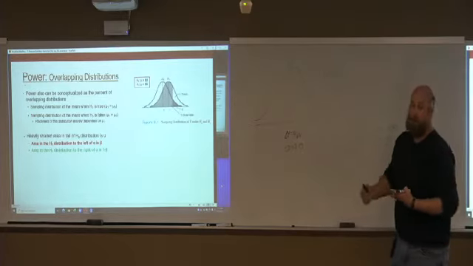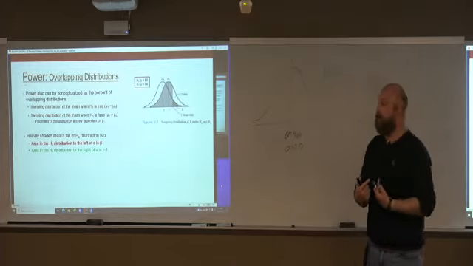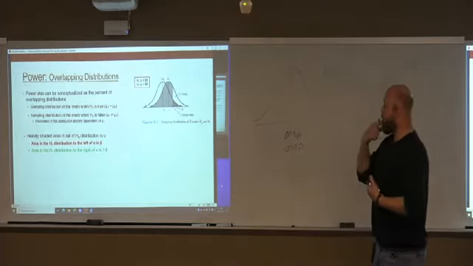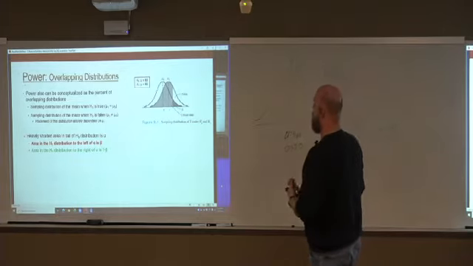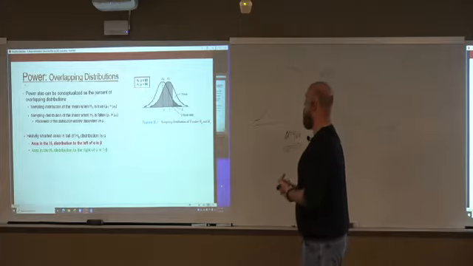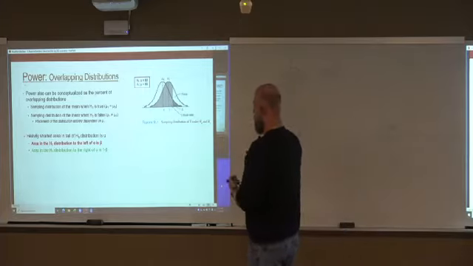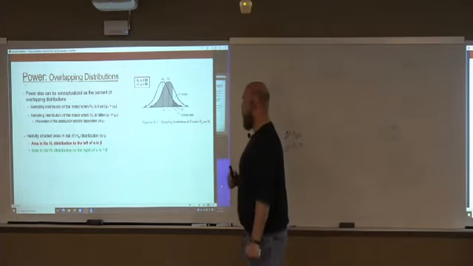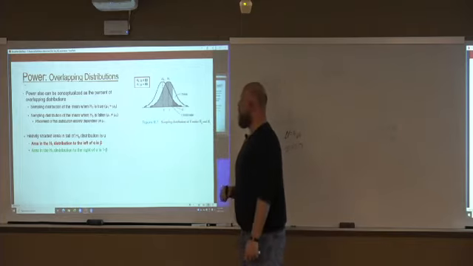Okay, another way we can think about power is as a function of overlapping distributions. In this case, we'll just use a one sample test. In this diagram, we think about the distribution of the sample mean when the null hypothesis is true versus the distribution of the sample mean when the null hypothesis is false.